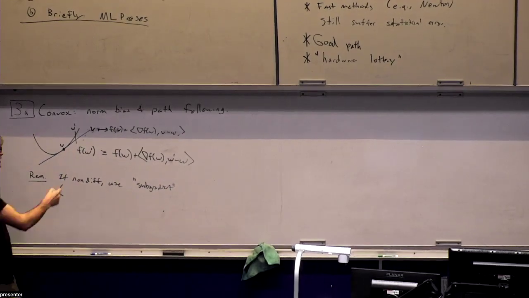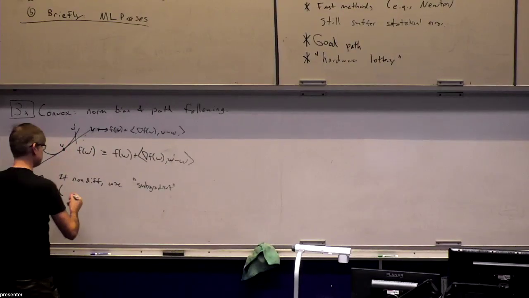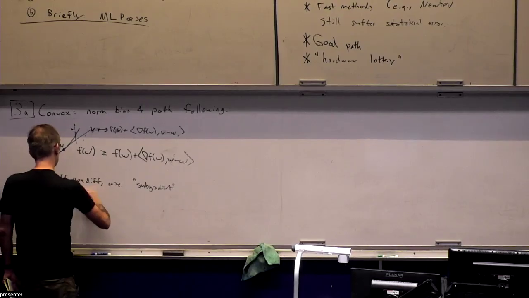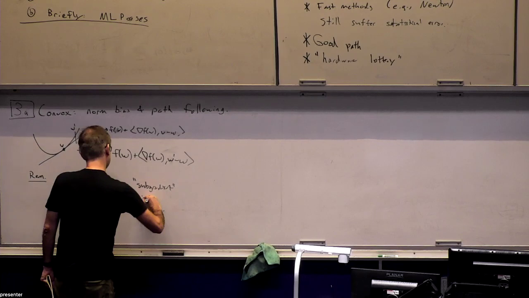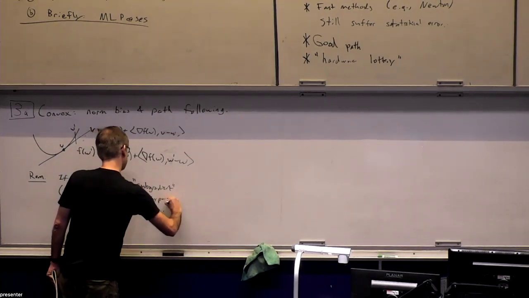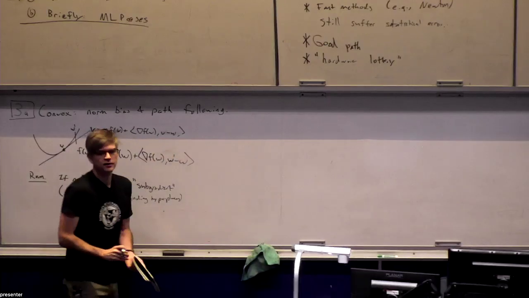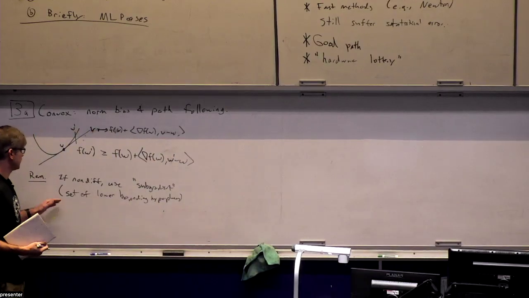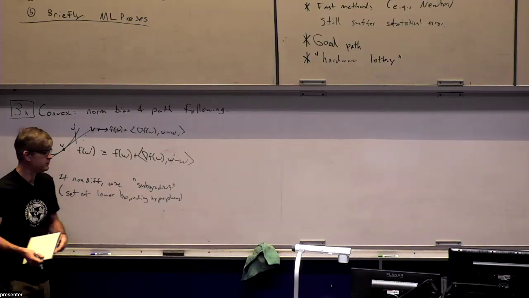So instead of making this a characterization, just make it a definition. It's the set of lower bounding hyperplanes. And for a convex function over R to the D, this set is always non-empty.